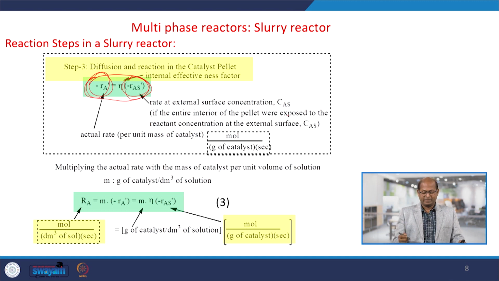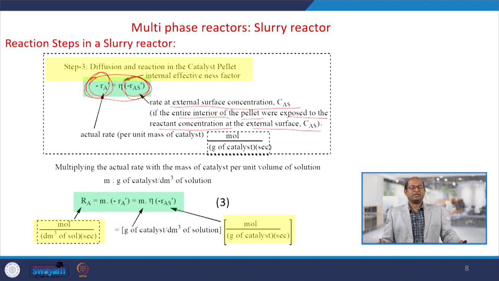If the interior of the pellet were exposed to the reactant concentration at the external surface, where C A S is the external surface concentration, then the rate would be ideal. But inside the pores the concentration is different, and that we will discuss in a later class, how internal and external diffusion play roles.